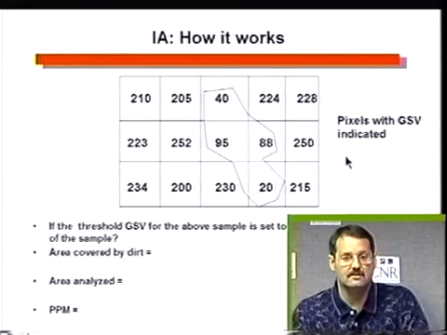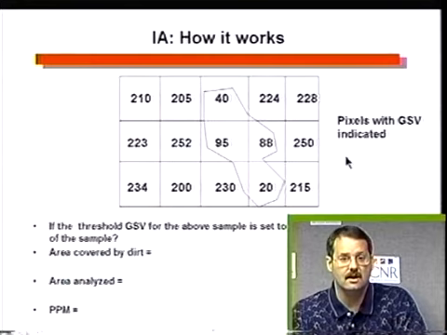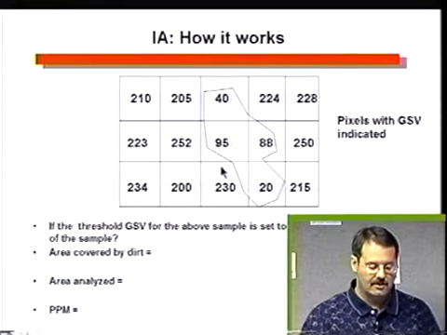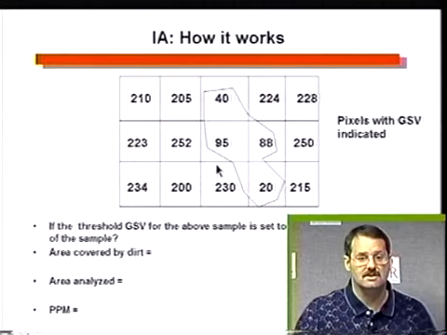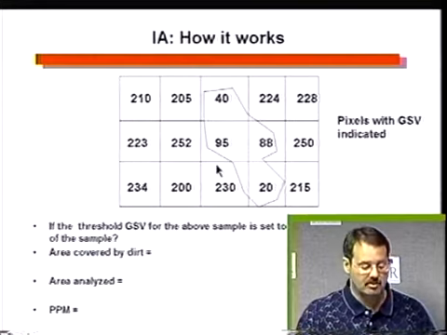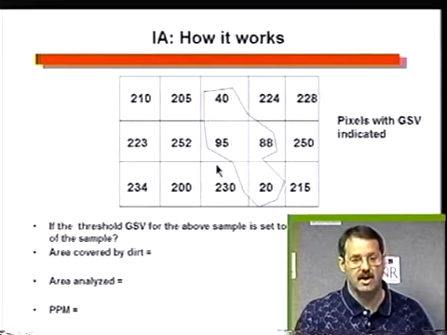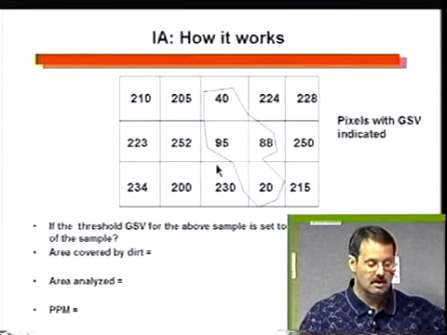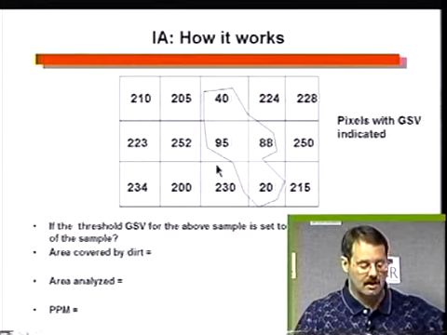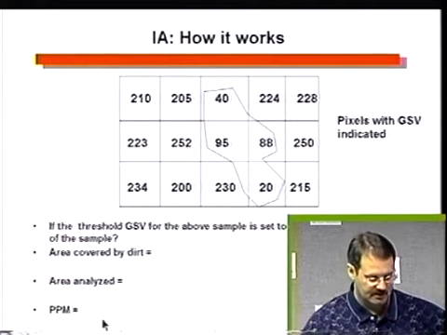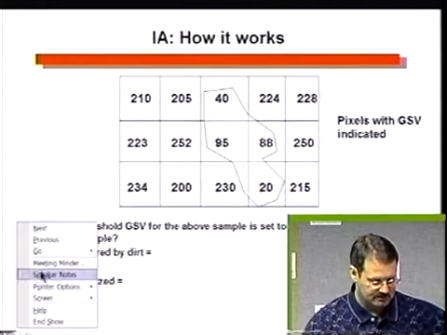Okay, so we can do a small exercise here. If this was our sheet of paper and the grayscale value threshold was set to 175, then can we calculate what the parts per million of that sheet of paper are?